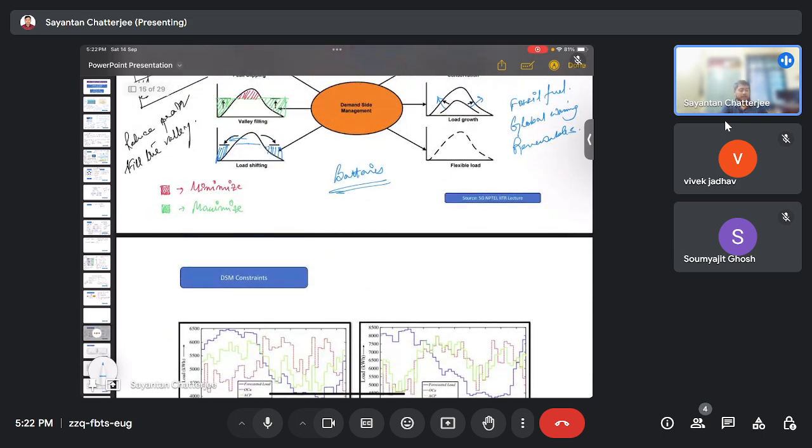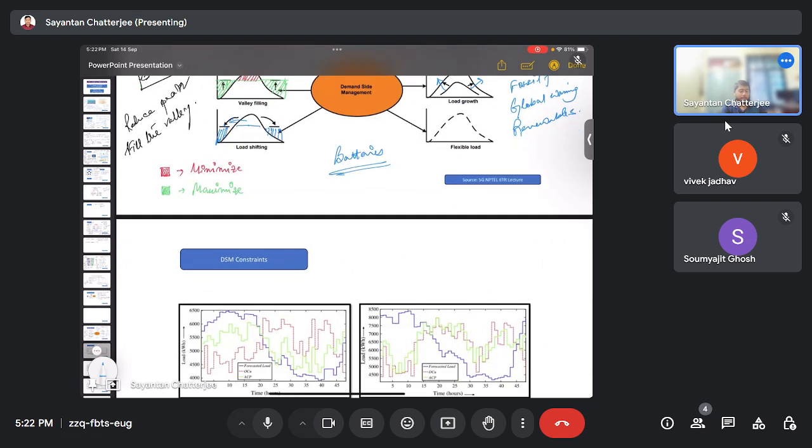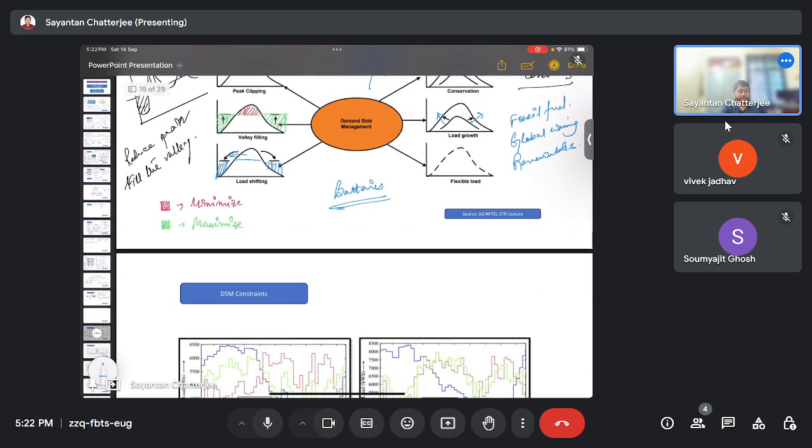There are some demand response programs: single objective and multi objective.